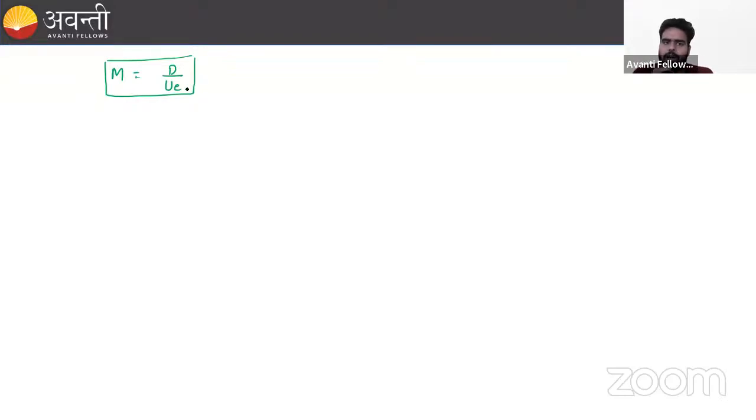Generally, two types of cases are possible for this magnification. Whenever we put the object, if we want the image at D, that is case 1.